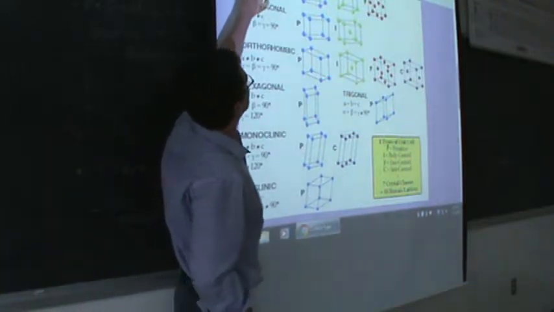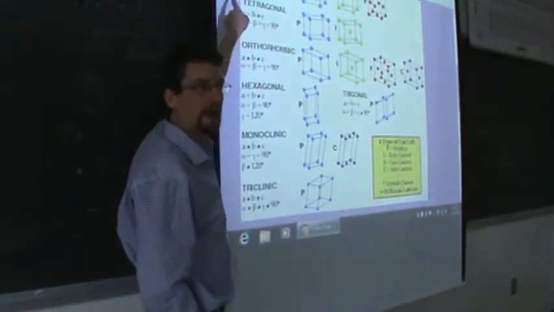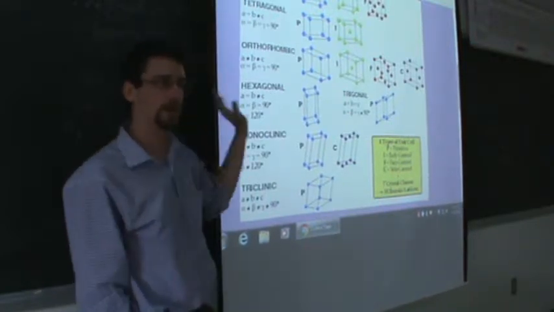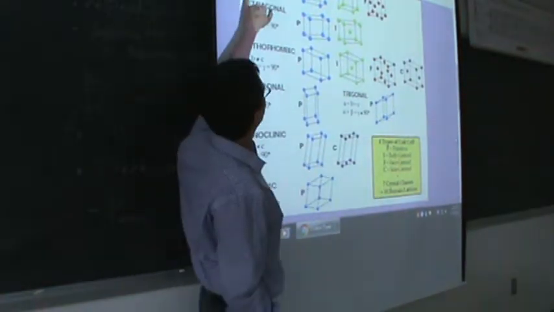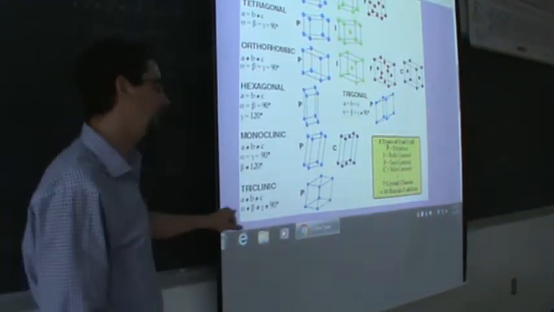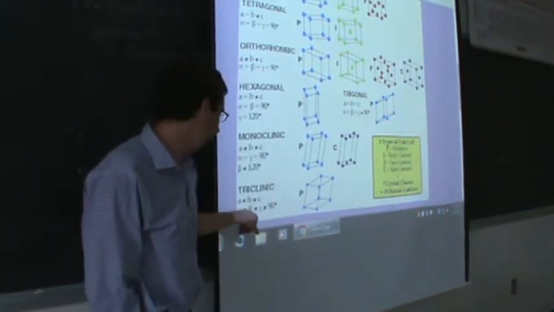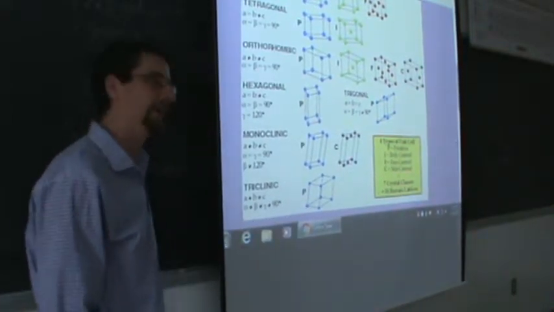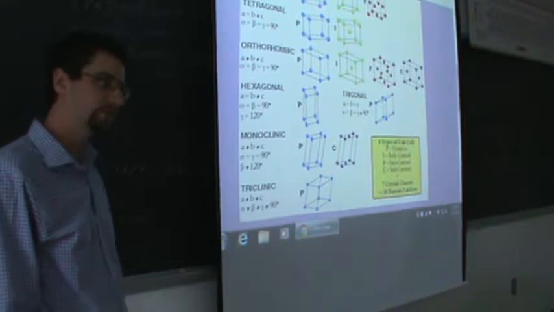And you can see that they're kind of defined by their unit cell lengths, so A, B, and C. So for cubic, all the lengths are equivalent, all the angles are 90 degrees. However, if we go to something like triclinic, all the lengths are different. None of the angles are equal to 90 degrees.